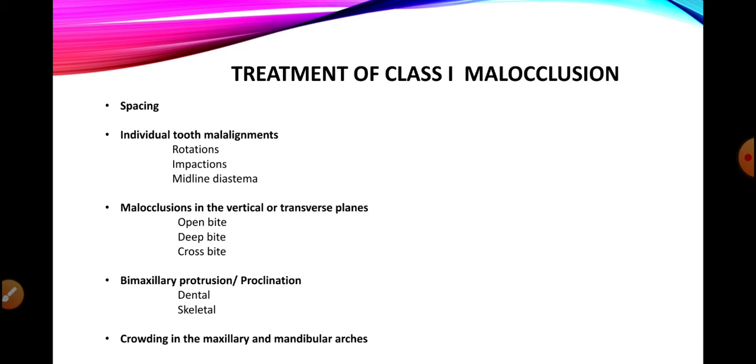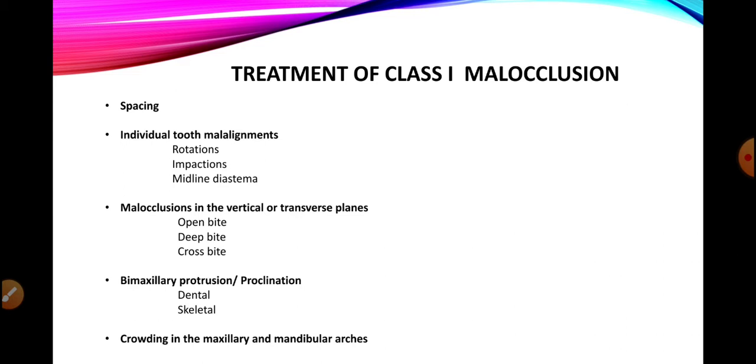For example, spacing can be seen in class 1 malocclusion, or individual tooth malalignments can be seen, for example rotations or impactions or midline diastema. Or we can see malocclusion in the vertical or transverse planes, for example open bite, deep bite, cross bite. These are all what we have studied before.